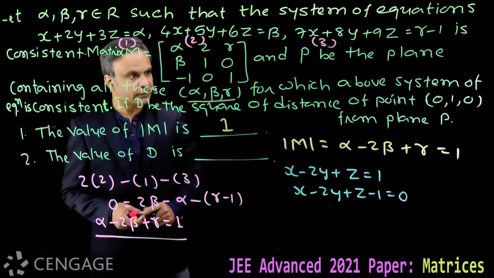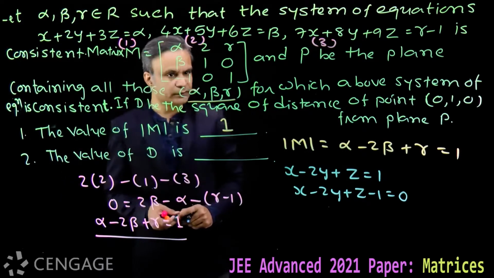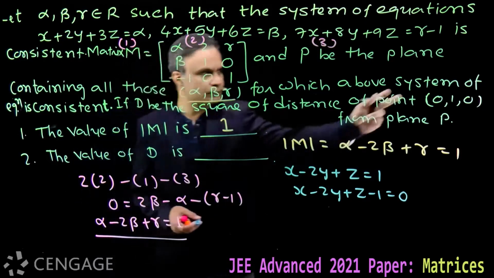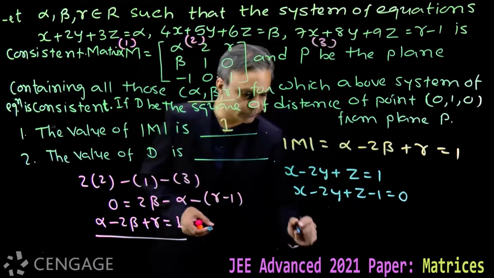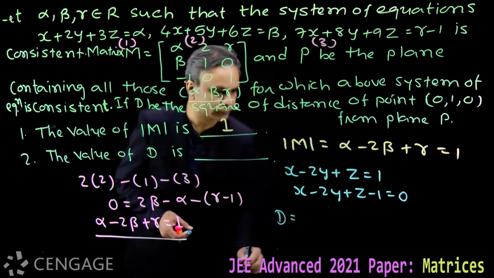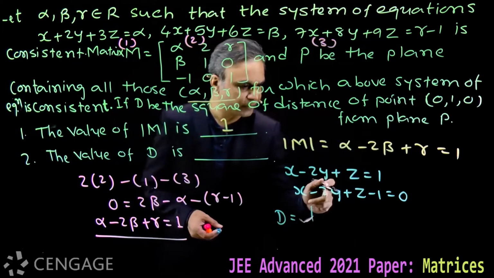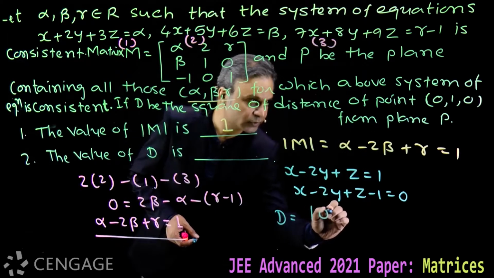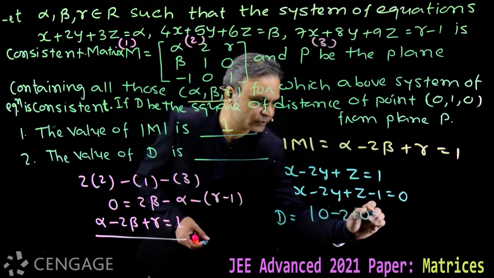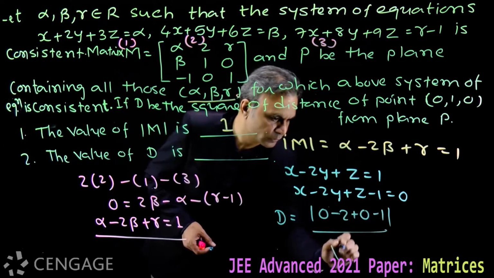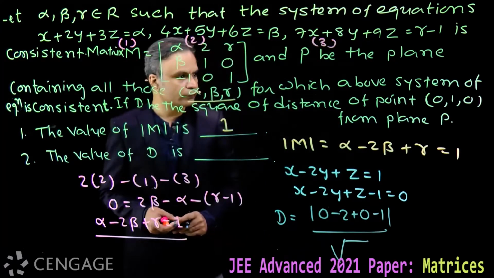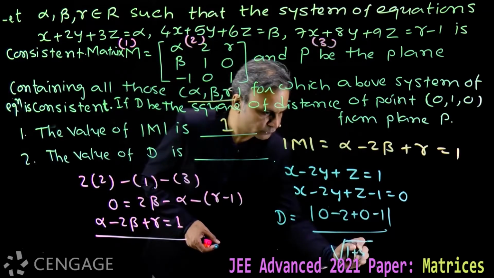Then we have to find the square of distance of this point from the plane. That means D is equal to distance of this point from this plane will be 0 minus 2 plus 0 minus 1 over square root of 1 plus 4 plus 1.